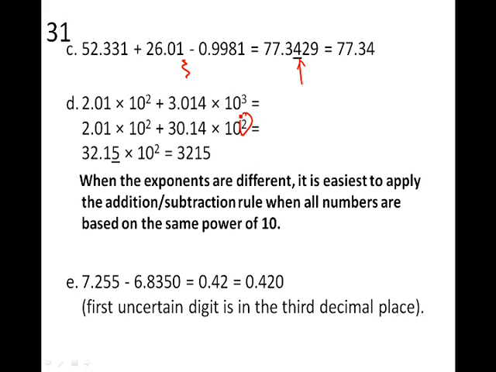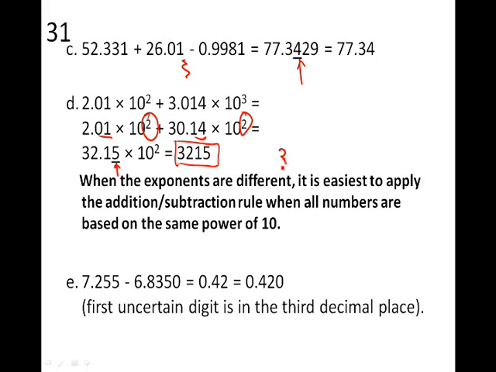The only thing tricky about D is that it has to do with exponents, and so they've made the exponents the same here so that it's easier to more clearly see the significant digits. So we rounded it to the second decimal place, and this is how they wrote the answer.